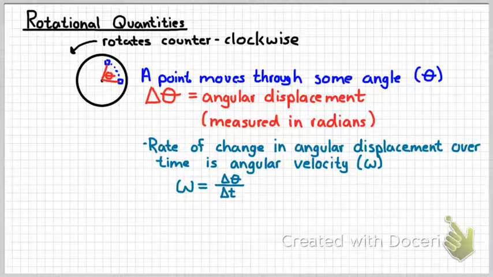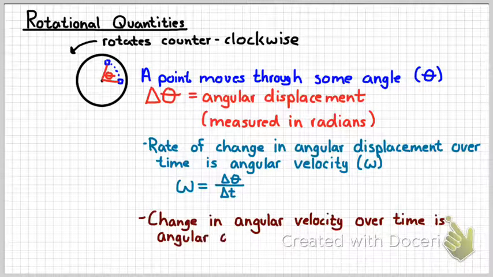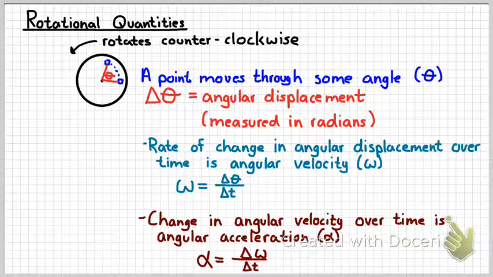So the definition of angular velocity is change in angular displacement over time. When we have a changing angular velocity, we call that an angular acceleration. We give that the Greek letter alpha, kind of like a fish. And so the angular acceleration, alpha, is equal to the change in omega over t.